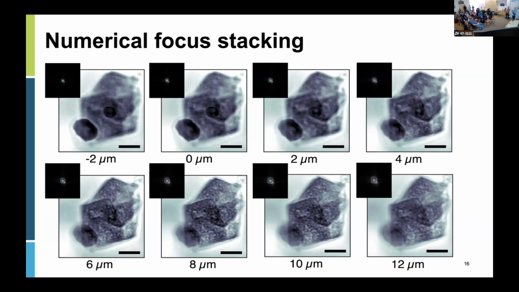We don't need to take an extra data set. We don't need to translate the sample. Using the same single data set, we can do numerical sectioning. I think that's one of the clear advantages of this method.